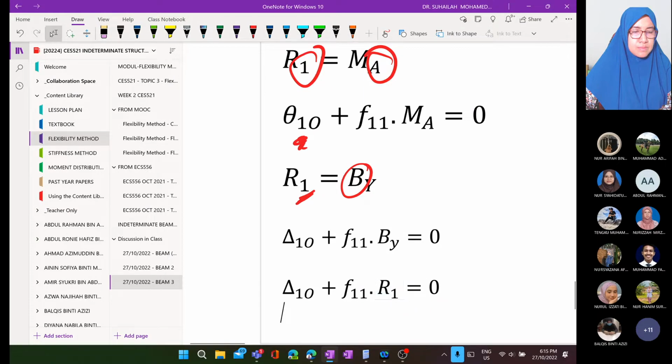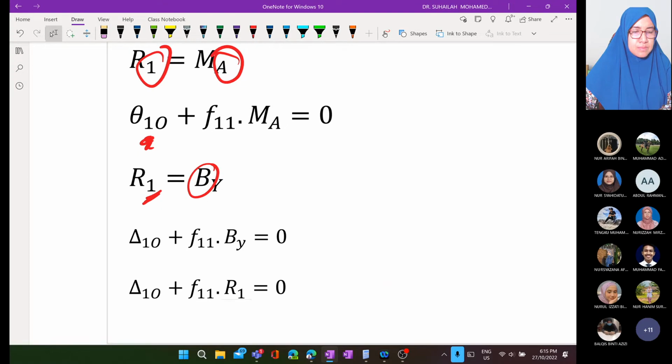So this will be the general equation that can be applied to all questions.